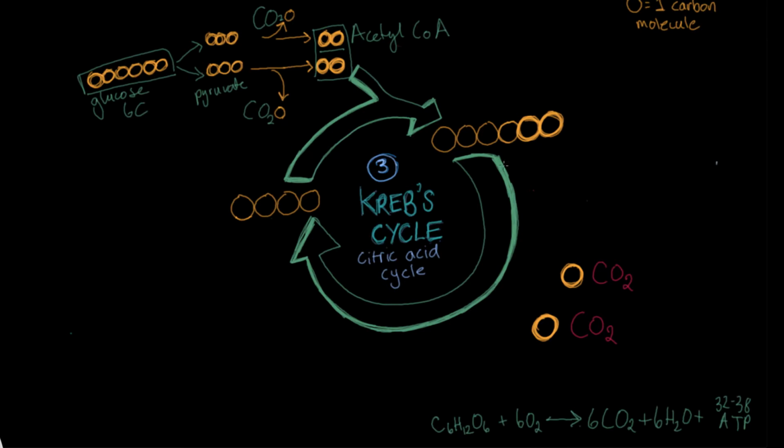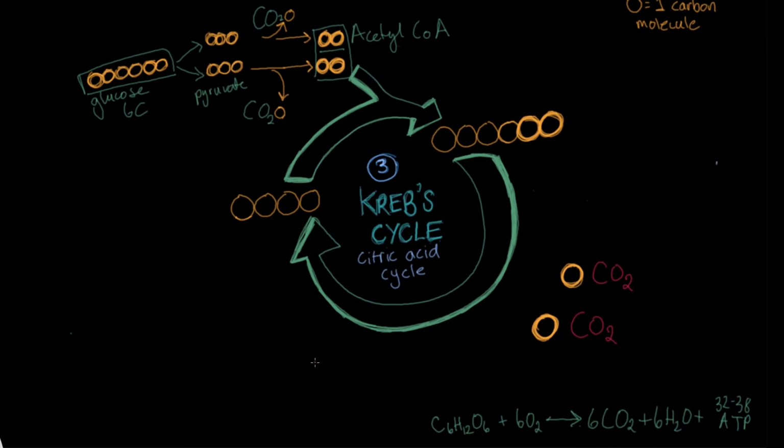Now we're going to enter the Krebs cycle. And the Krebs cycle is a cycle, as the name suggests, and cycles are used in biology by living things because they are much more efficient than building or breaking down molecules completely. To build, for example, a glucose molecule from scratch is a lot harder than incorporating some carbon into a biological molecule that already exists, and that's what photosynthesis does.